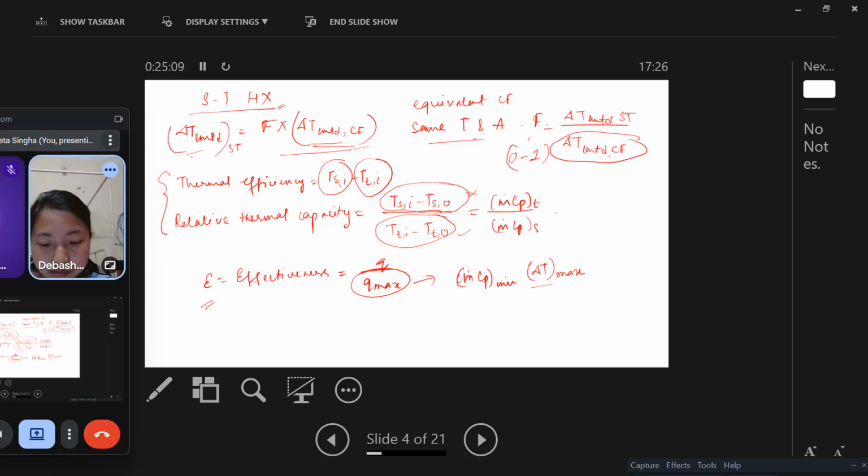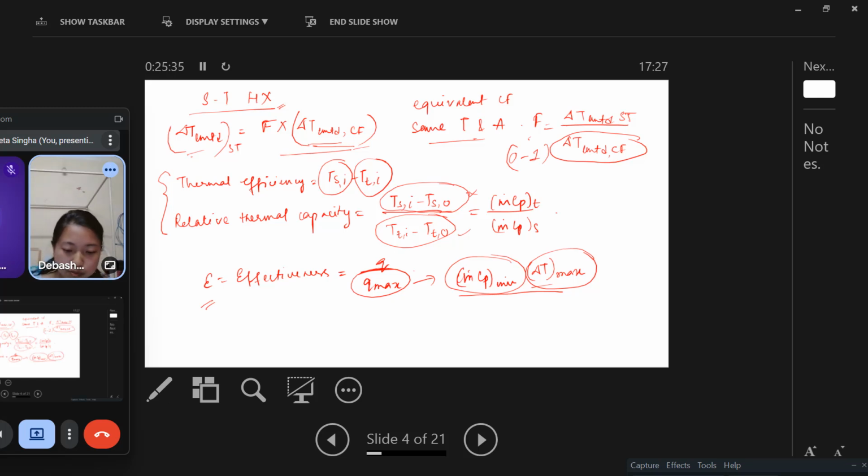Okay, then we have this Q max given by this delta T max and the minimum of the MCP, whichever fluid has the minimum heat capacity. It's already there in the notes.